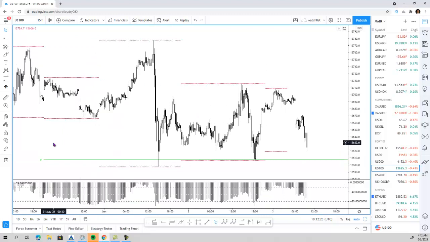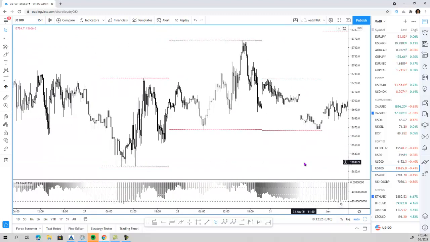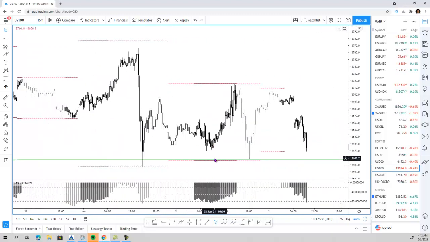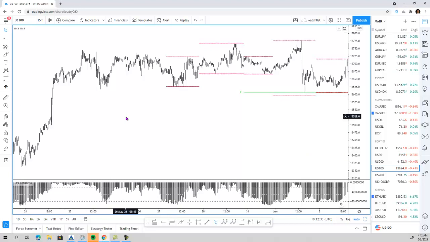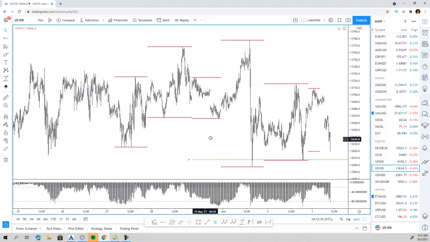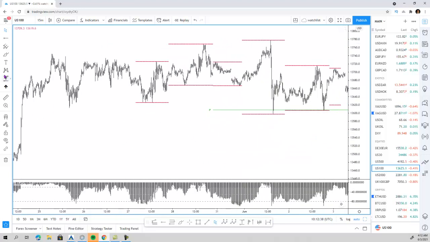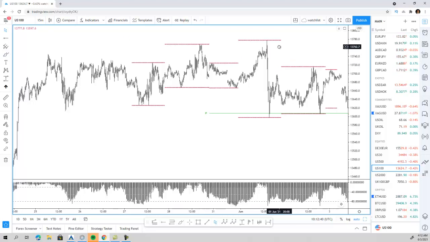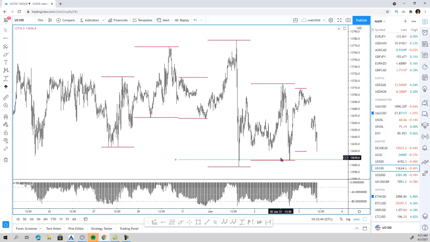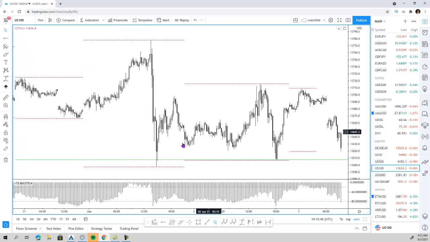Let's go ahead and look into the past rejections of that 13,600 level. Cool. So every time sellers dip price to that level, we see these big bullish candles, right?